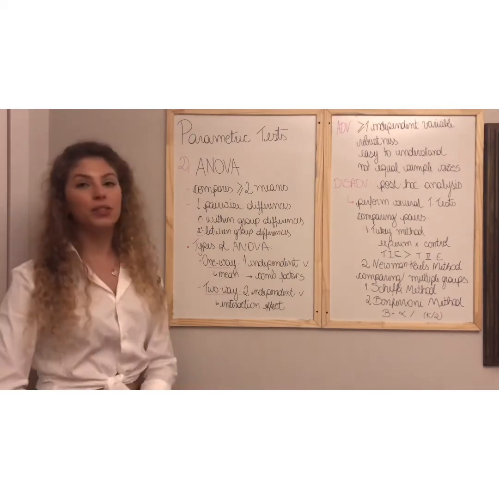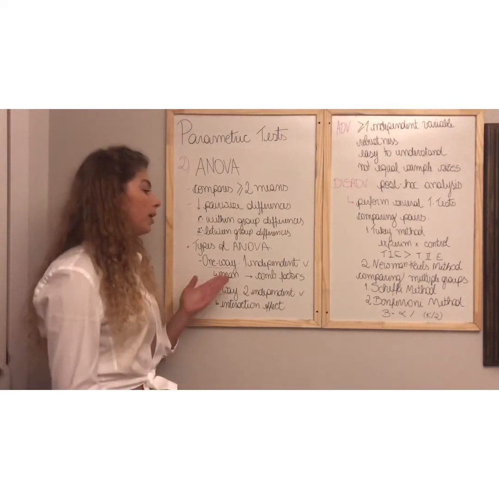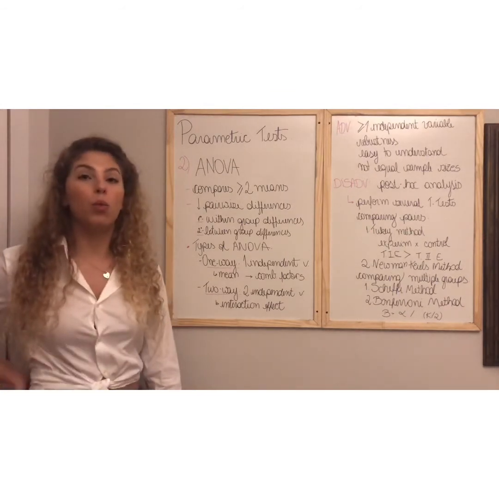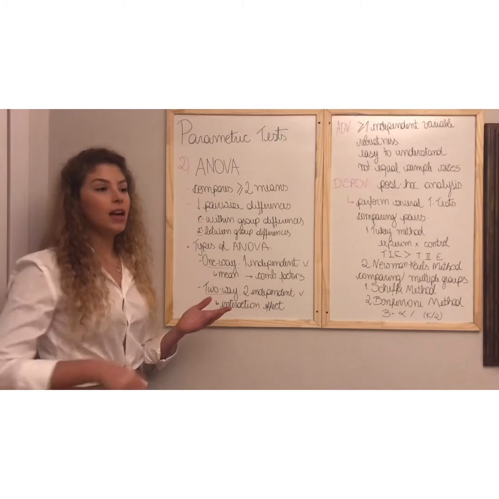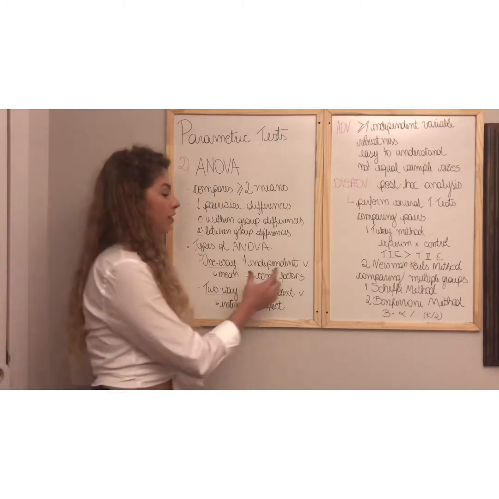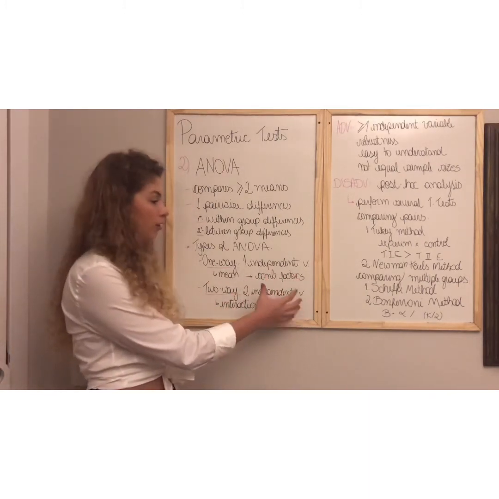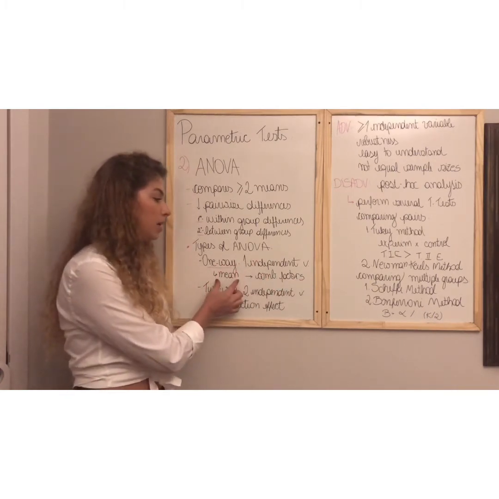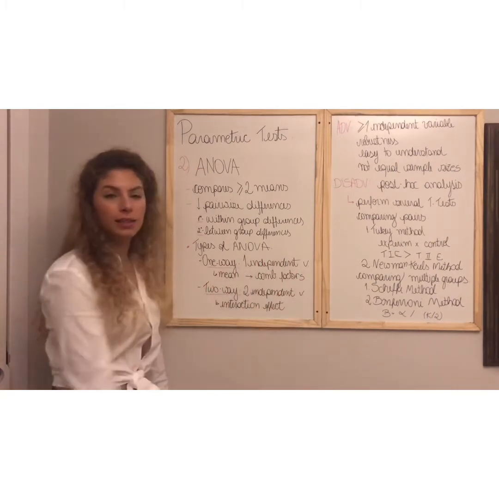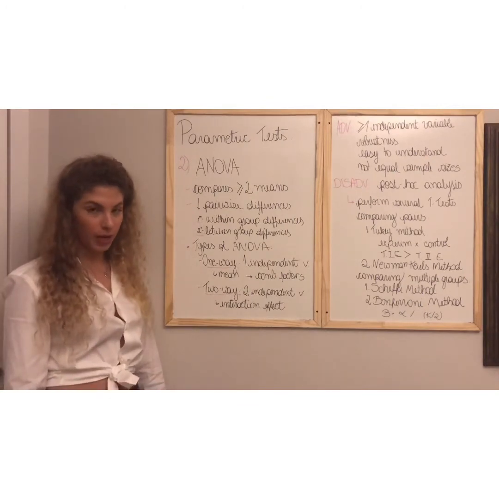Well, so I have two types of ANOVA. One-way ANOVA analyzes only one independent variable, so we analyze the effect of a combination of factors, of a combination of dependent variables, on the mean of this one independent variable, okay?